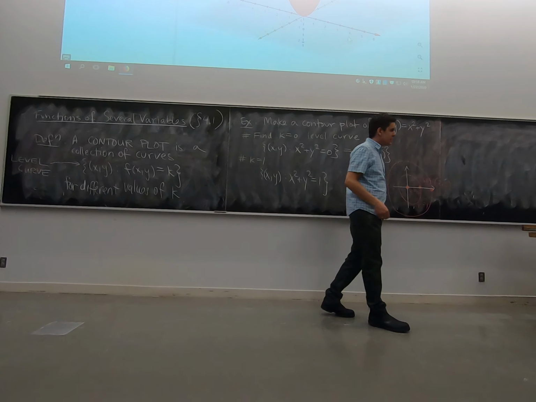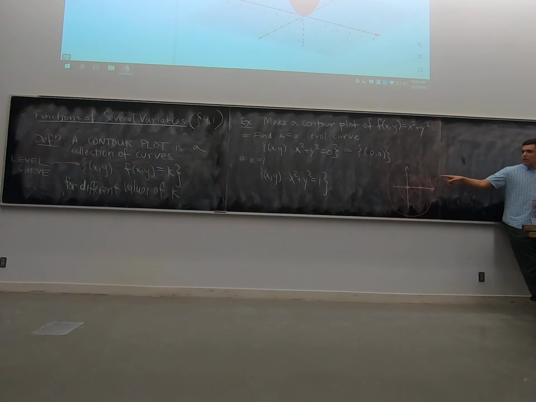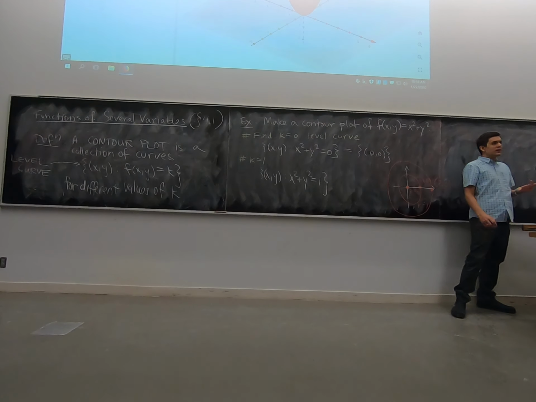So I want to say, just sort of in closing, what these curves are. So here's our surface, right? This is our 3D graph. And if we put in z equals 0, right, there's only one point where that plane touches our graph. Right? It only touches at 0, 0. Now, if we raise that up to k equals 1, right?